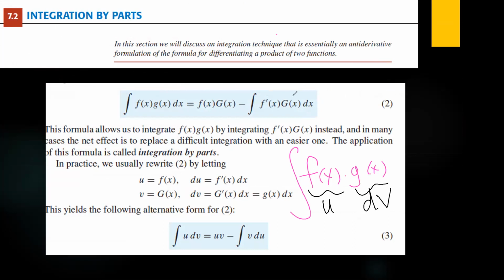Then if you have u, you have to find its du, and if you have dv, you have to find its v.